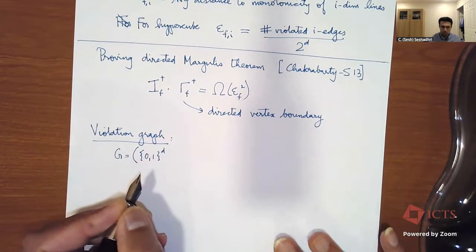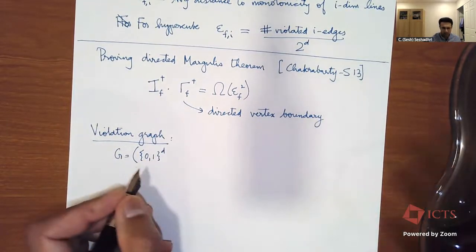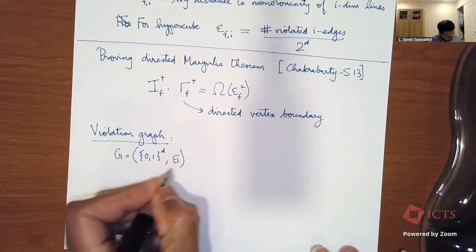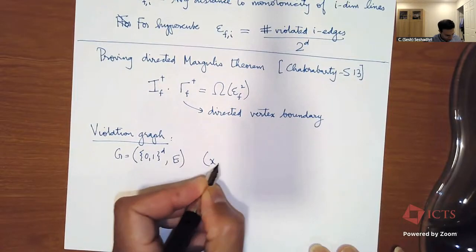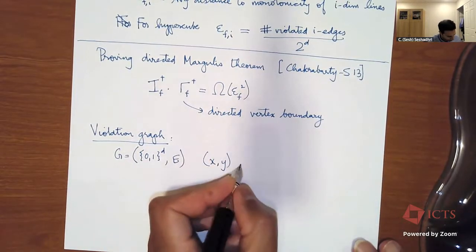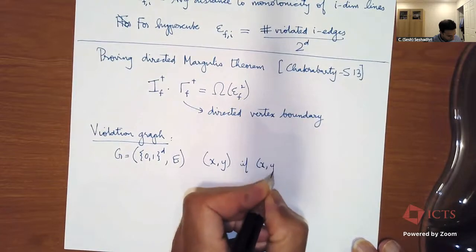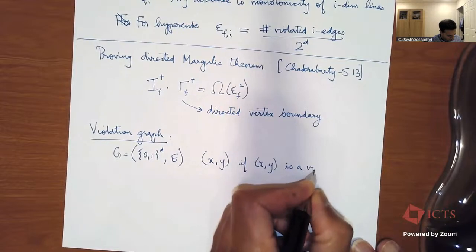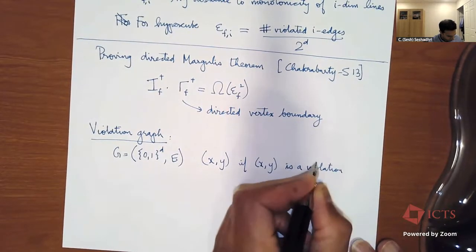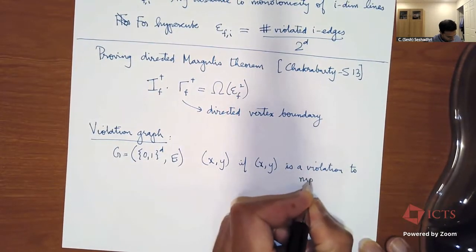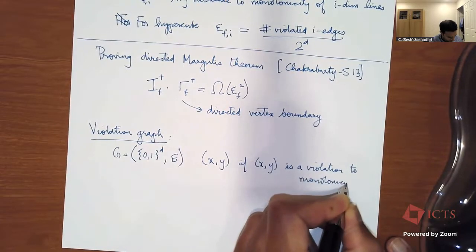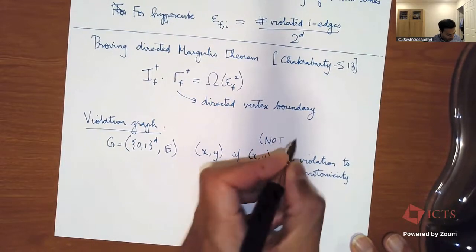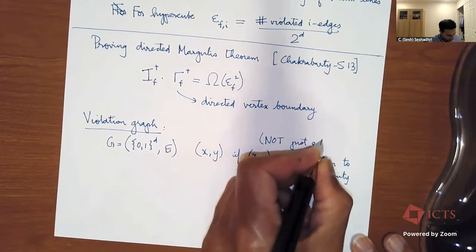So I'll just do 1 to the d, but this violation graph actually holds for any partial order, where I basically put an undirected edge between x and y if x y is a violation to monotonicity. Not just an edge, this is for any pair.